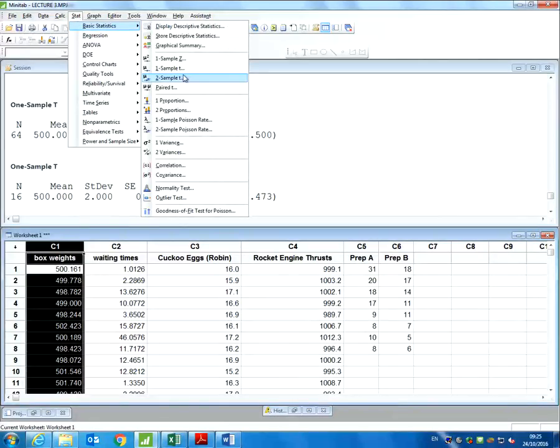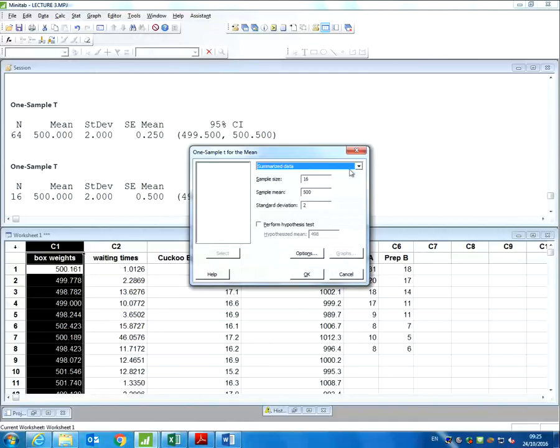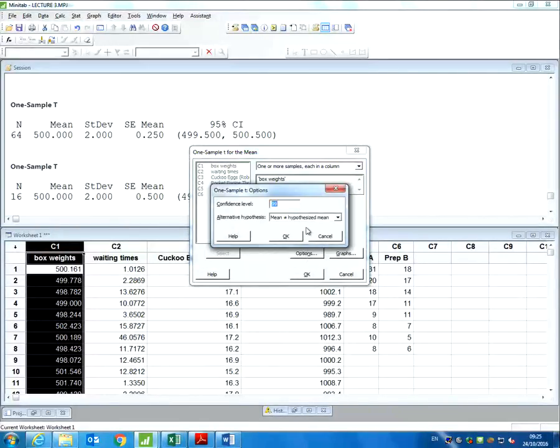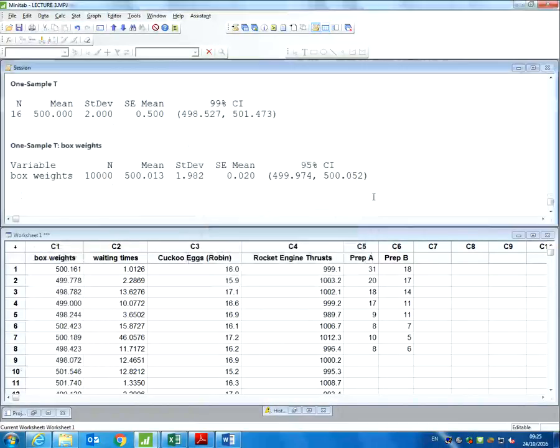Stat, basic stats, one sample T. I'm not using summarised data, I'm going to use that raw data in column 1. And to start off with, I'm not even going to tick that box that says perform hypothesis test. Okay, I'm just going to change the confidence back to 95 and click OK twice.